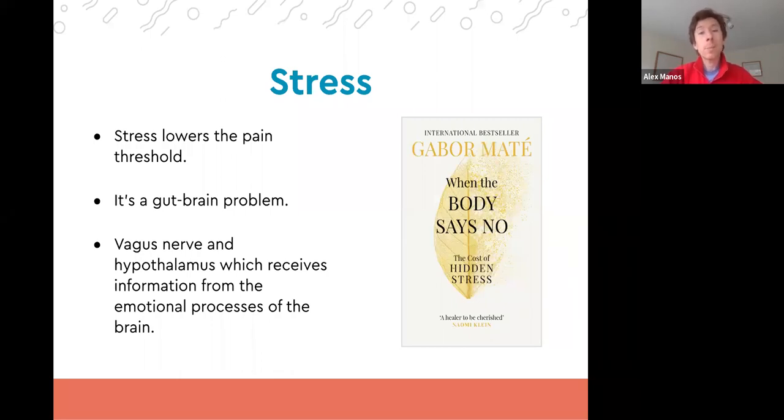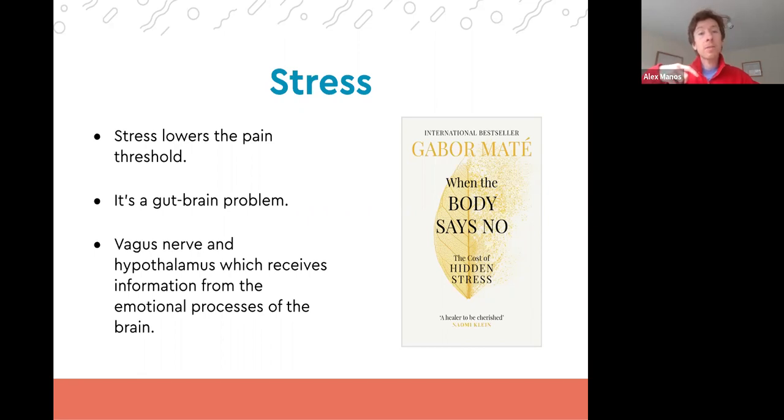reflux, for some people, it's a gut-brain problem, which means we're talking about the gut-brain axis, which I'm sure some of you are now familiar with. This idea that there's a bidirectional communication between the gut and the brain. The gut is influencing our brain function, our brain structure, our brain health, and our brain is influencing gut function as well.